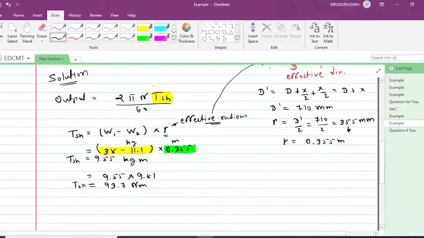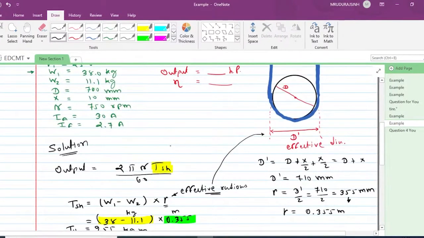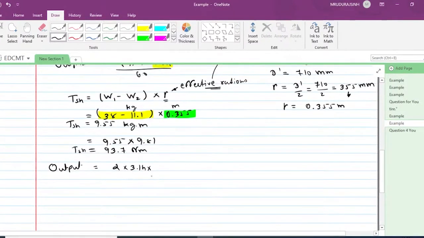Now once we are ready with the shaft torque, we will place the value and calculate the output. So the output is 2 into 3.14 into N, that is the speed, 750 rpm, multiplied by 93.7 torque, divided by 60.